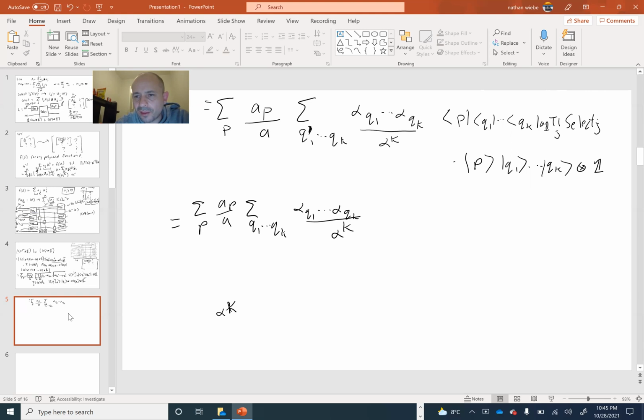The only thing that's going to kick around are the unitaries produced by select J, where the controlled select J is defined to be of the form J tensor select, plus identity minus J tensor identity.